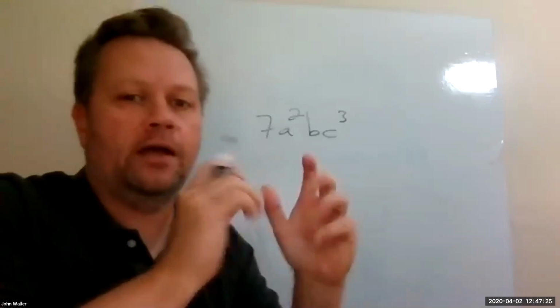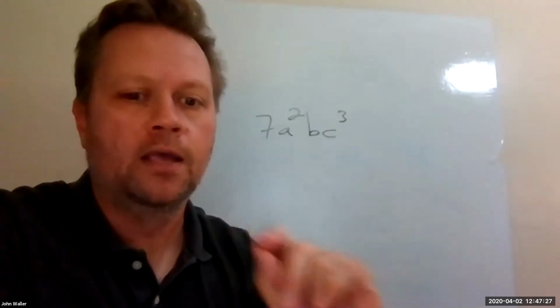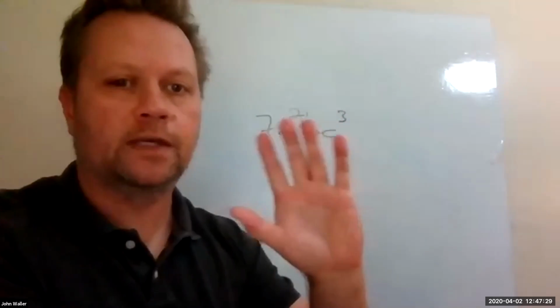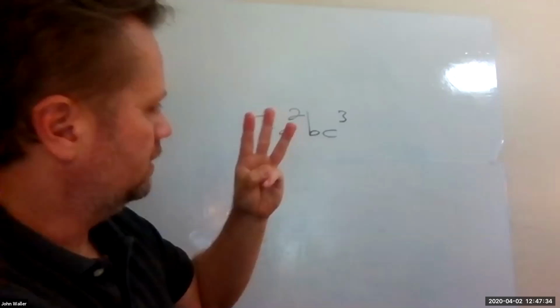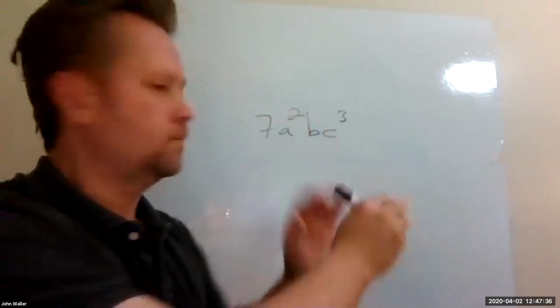Yeah. And I really want you to realize how simple this is, and then I'll tell you why we even came up with this idea. 2 a's, 1 b, 3 c's, 6th degree.